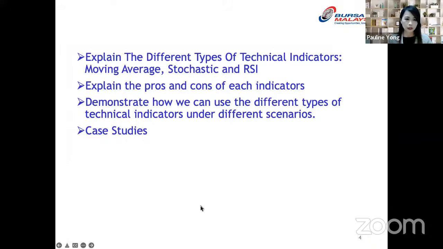Then I will look at the pros and cons of each indicator, because we need to understand the theory behind them, including their strengths and weaknesses, so that we can utilize them effectively. Then I will demonstrate how we can use the different types of technical indicators.